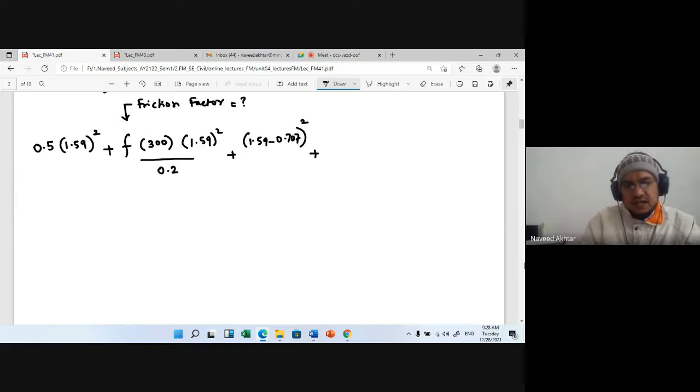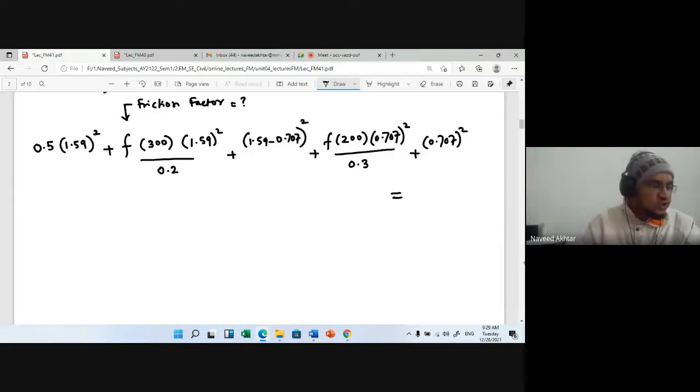Plus f into L2 is 200 meter, velocity 0.707 whole square divided by pipe diameter 2, that is 0.3, plus V2 square, V2 is 0.707 whole square, and all this term is equal to 2 into g into 5.